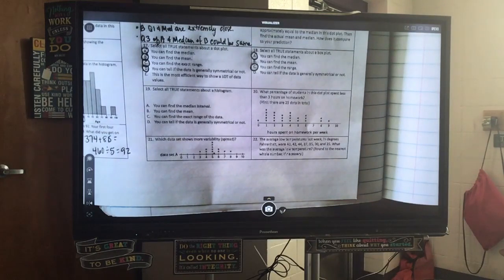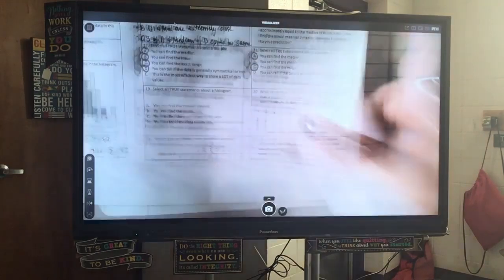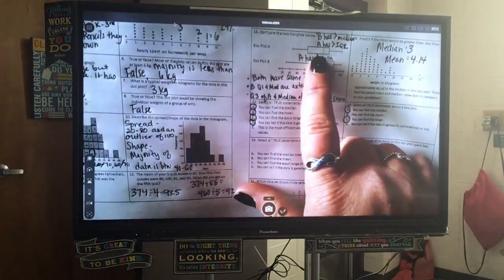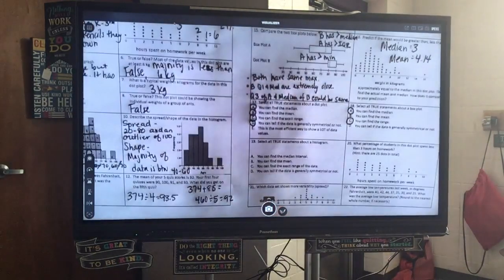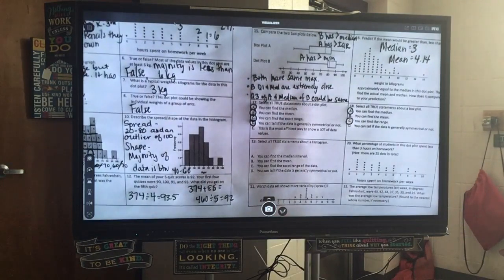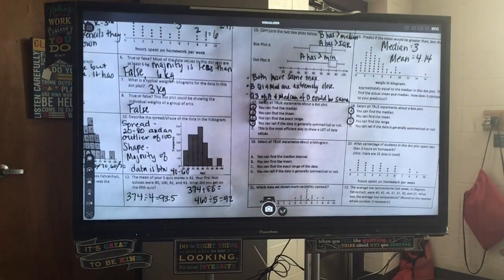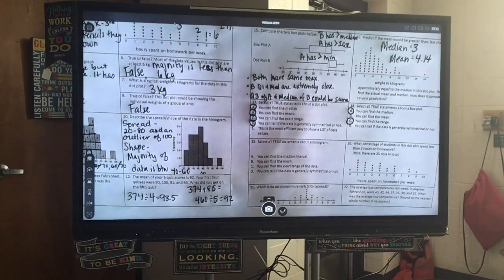Okay, fair enough. I appreciate the honesty. Because again, to me, if you're looking at this top one, your median is still super far technically to the right. So to me, I would say no. But it's all in how you perceive the graph. So I'm not going to say yes it is or no it isn't. If you circled it, fantastic. If you did not.